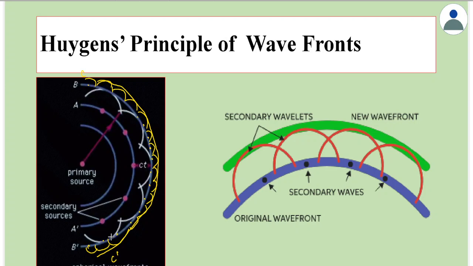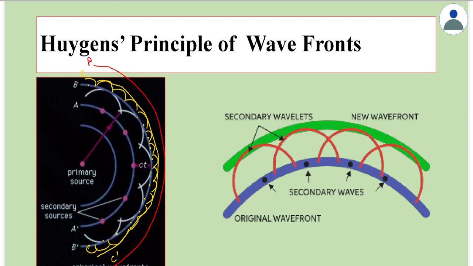Similarly, every source on this C dash acts like a source of disturbance and produces secondary wavelets. If we draw them, we get one more wavefront, which we'll call D dash. This C dash acts as primary for the next wavefront.